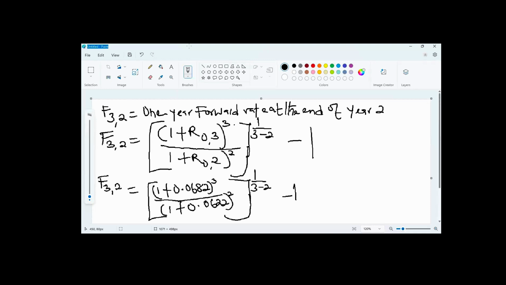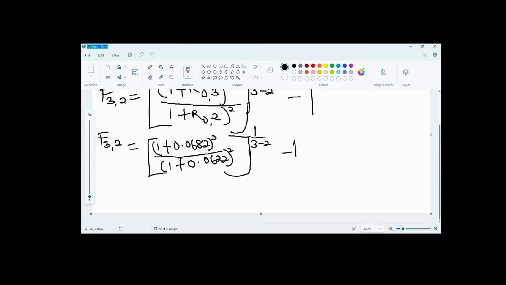If you multiply by 100, take it to percentage, you are going to have forward rates, 1 year forward rate at the end of year 2 is equal to 8.03%.